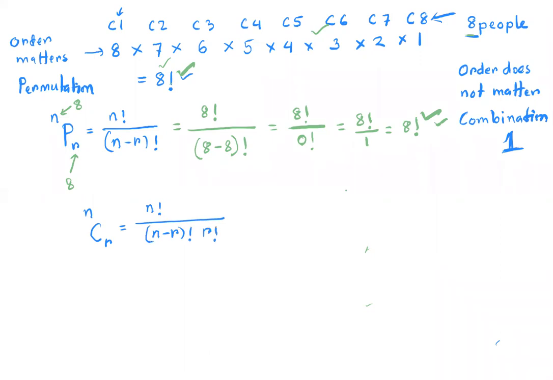Now, what are my n and r here? Again, I'm considering 8 people, and from that I'm picking also 8 people where order does not matter. Order does not matter. So pay attention.